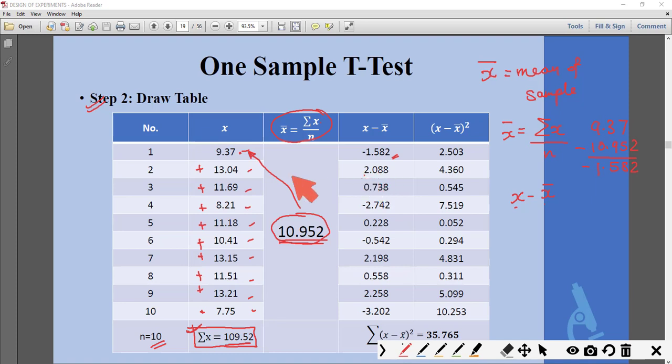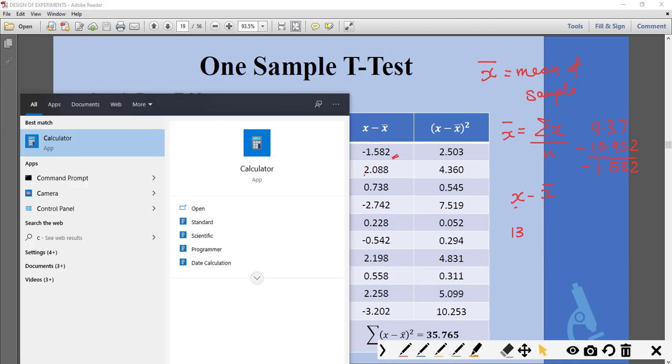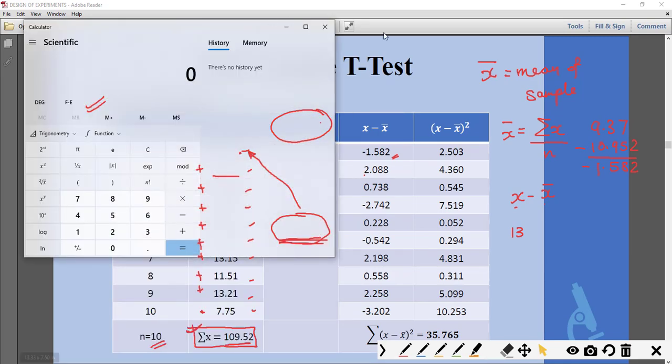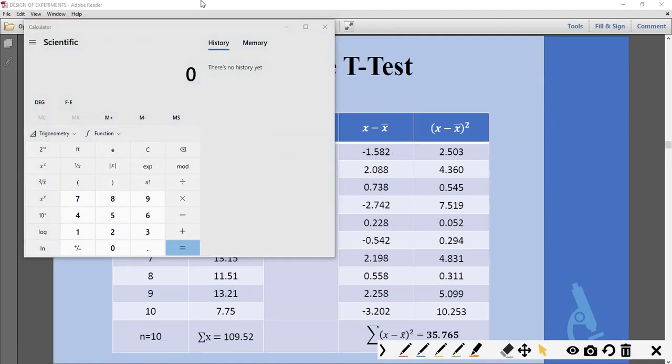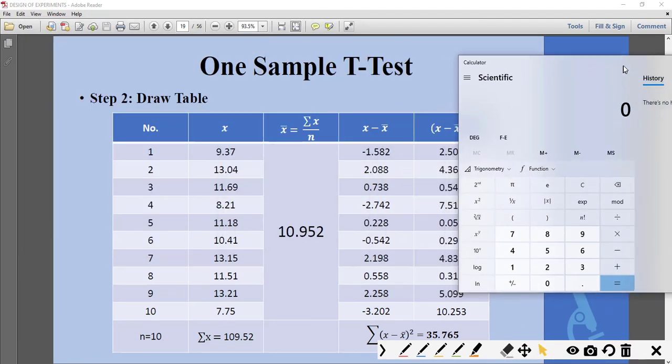Next is what? Next is 13.04 minus 10.952. So okay, I will just show you over here. Just 1 minute. Let us take the calculator. Right. So next is what? 13.04 minus 10.952.